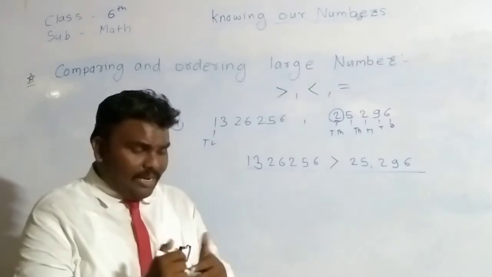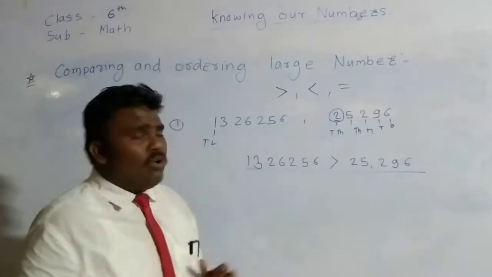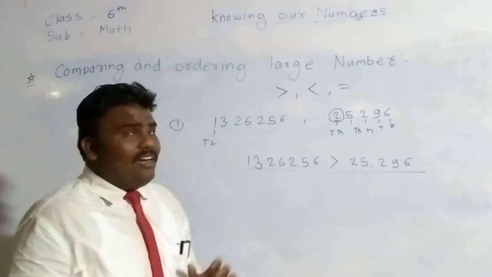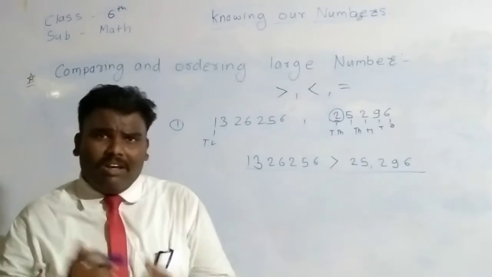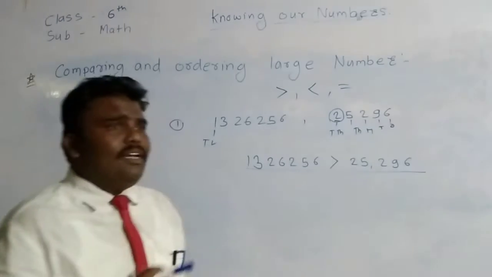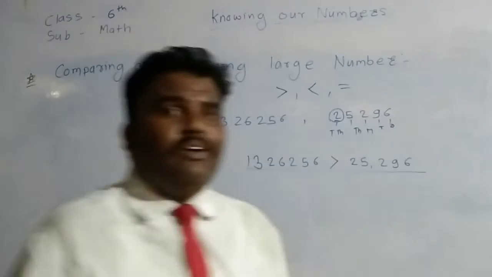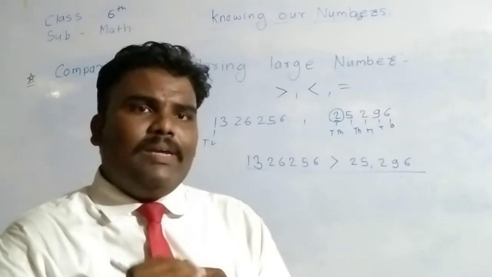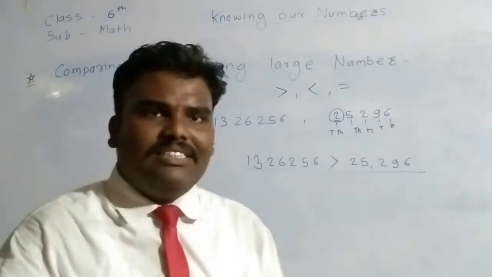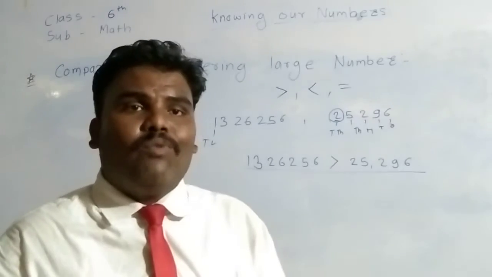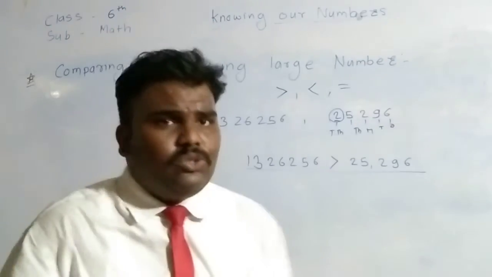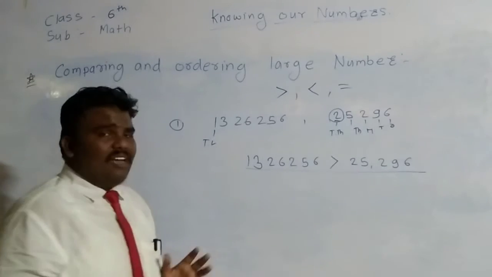Only 3 symbols, and we use these symbols to compare large numbers. And we also use them to write numbers in ascending or descending order, because what does ordering mean, dear friends? Ordering means we have two types of order. The first one is ascending, which is written from smallest to greatest, and the second is descending order, which is written from greatest number to smallest number. So this is all about ordering large numbers.